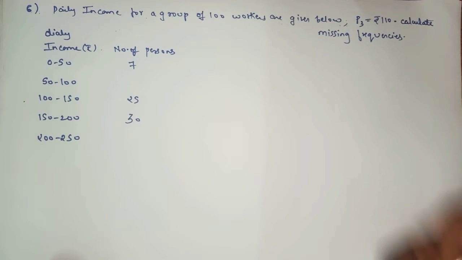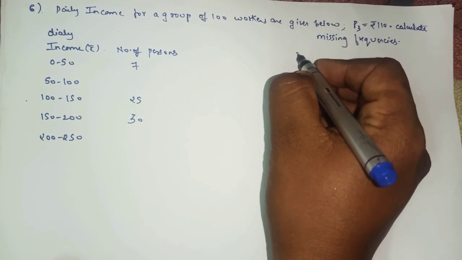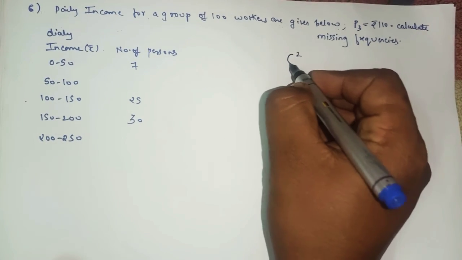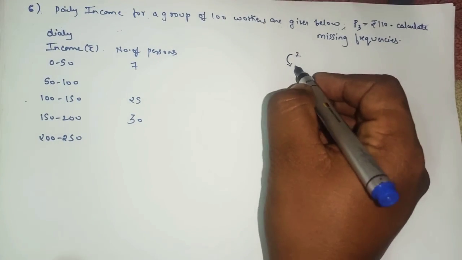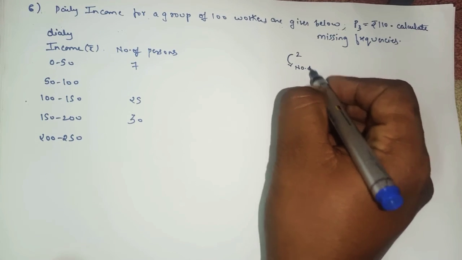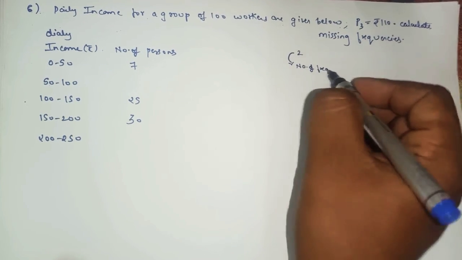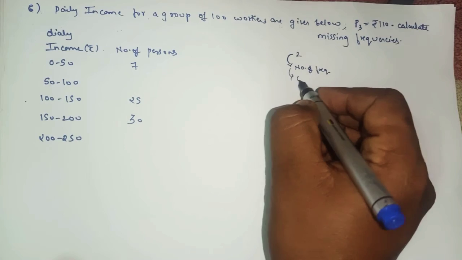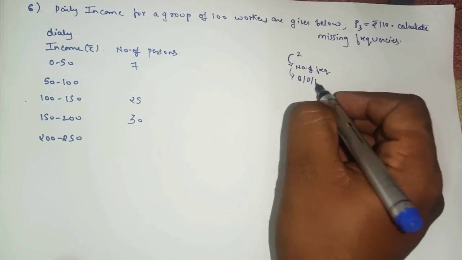Whenever we have to find two missing frequencies, we must have two values: one is the total frequency, and the second is either the quartile, decile or percentile.